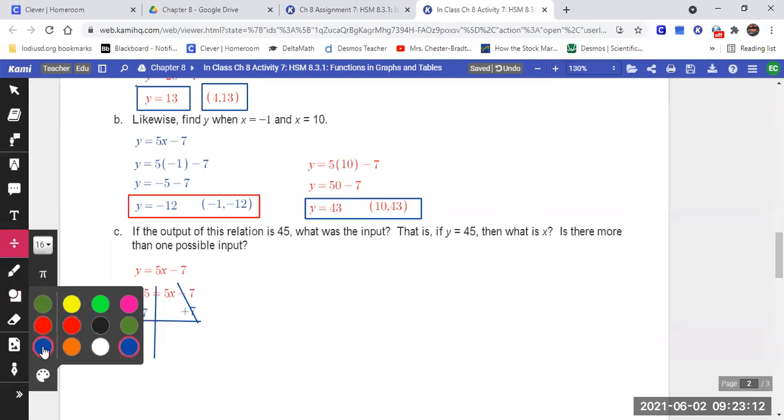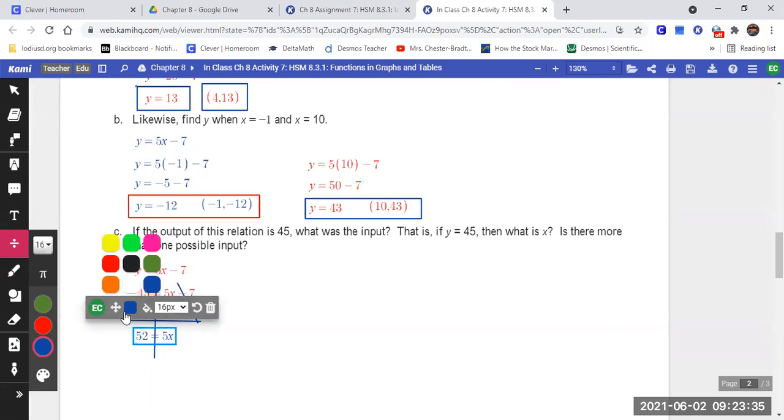What does this clean up to be, though? Keep going. I want the whole line. What does the whole thing clean up to be? 52 equals 5x. Okay. Are we done with our big zeros?